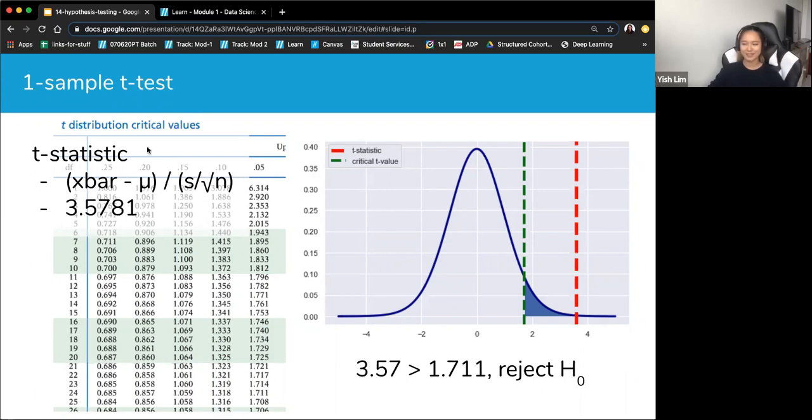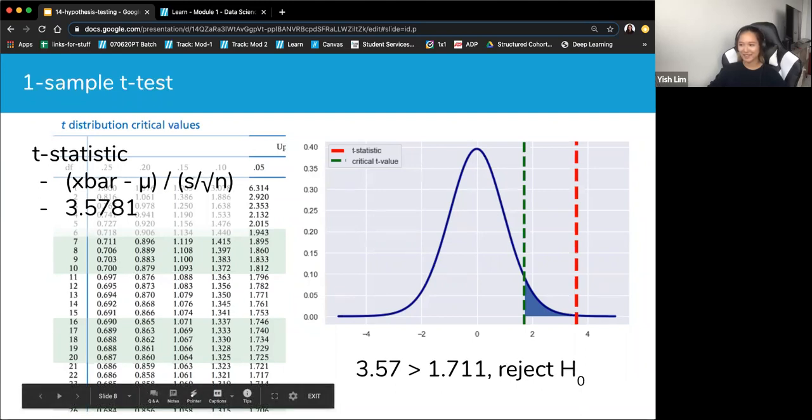This is a formula you can just look up, and there's also a built-in formula in SciPy. The t-statistic is 3.5781. When you're doing a t-test, this is just an excerpt of the t-table that I have in the background here.